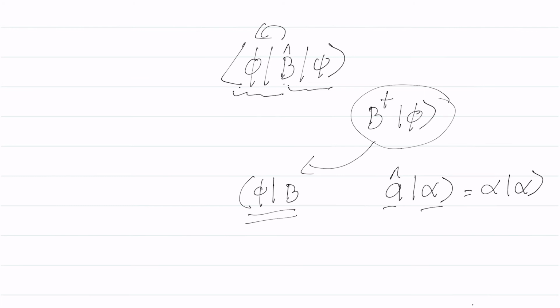The coherent state is the eigenstate of the annihilation operator with eigenvalue alpha. So I have this knowledge. With this knowledge, can I calculate bra alpha A dagger ket alpha? This is the next question.